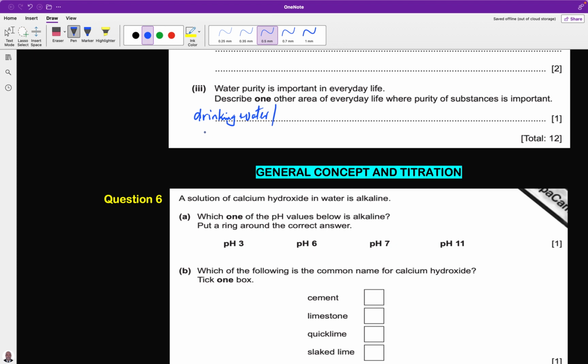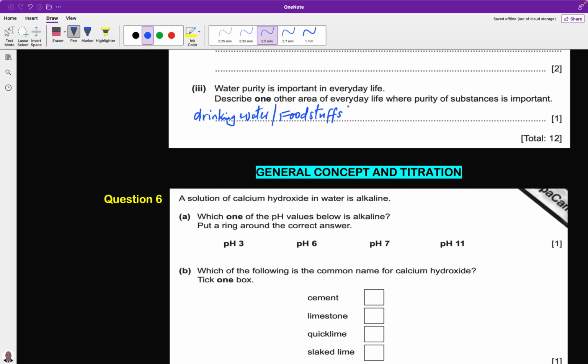Purification is needed for drinking water. Purification is also needed for foodstuff to avoid food poisoning.